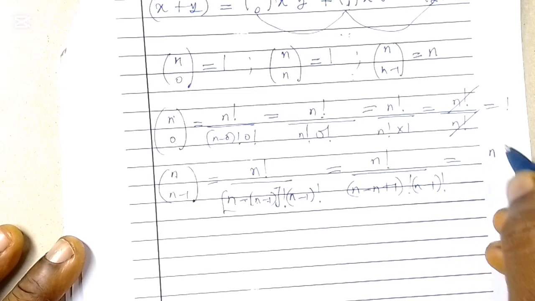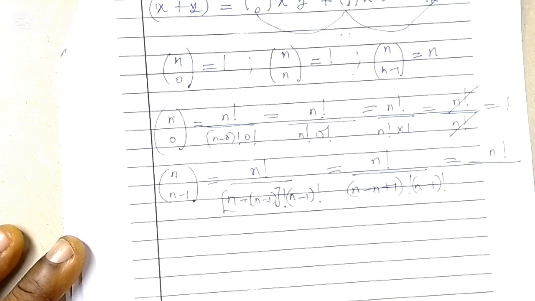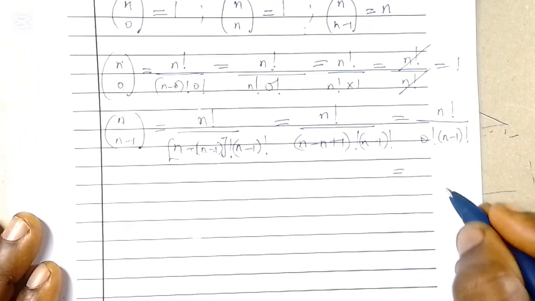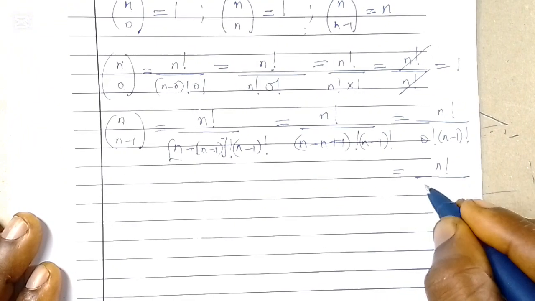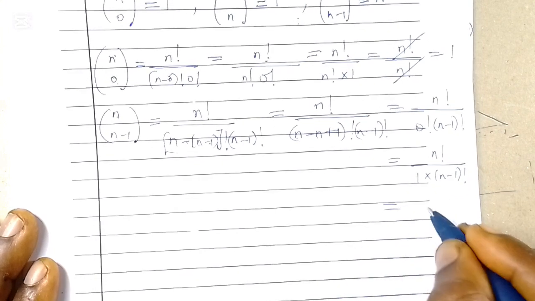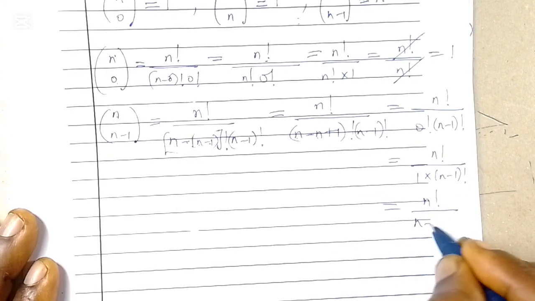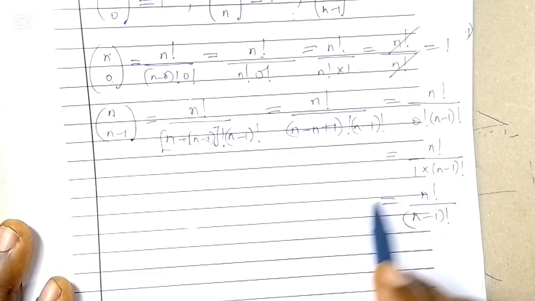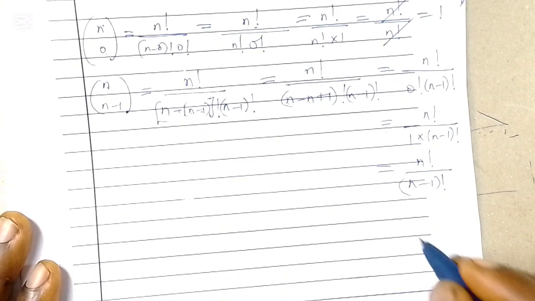So this will give you n factorial all over n minus n, which is 0 factorial, and this will be n minus 1 factorial. Now 0 factorial is 1, so that will be n factorial all over 1 times n minus 1 factorial. This will give you n factorial all over n minus 1 factorial, because n minus 1 factorial times 1 is n minus 1 factorial.